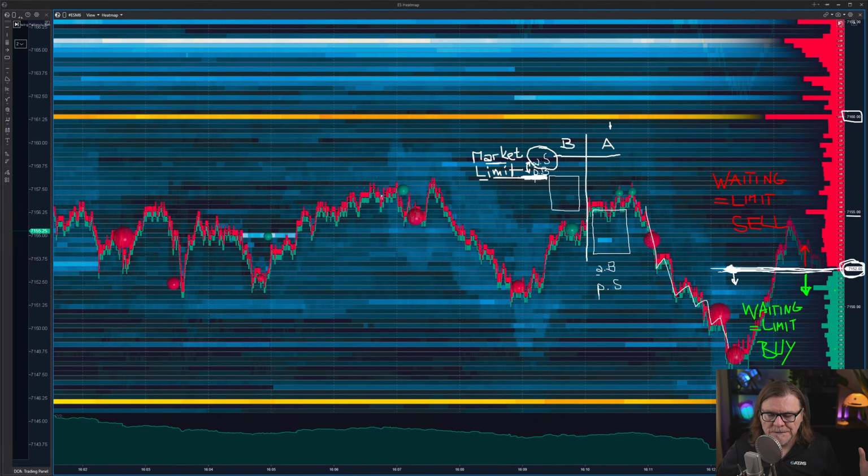So it's a mixture. There are small fish, there are middle fish, there are huge fish. We, as retail traders, are the smallest fish in the ocean. We are plankton. We are invisible. When I place one contract, I'm absolutely invisible because there are 32, there are 72, there are 127, there's even 184 at this level.